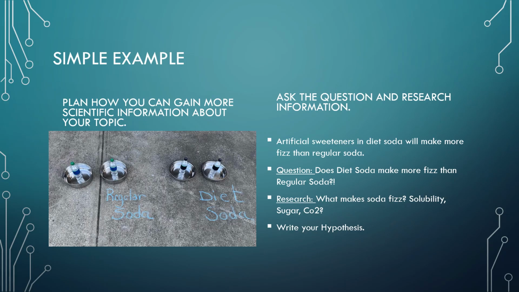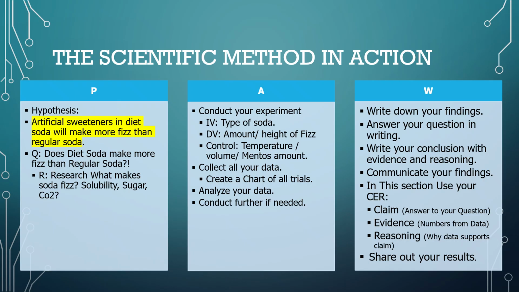That being said, you're going to go ahead and decide what your hypothesis is. So as you can see here, we've decided that our hypothesis is artificial sweeteners in diet soda will make more fizz than regular soda.